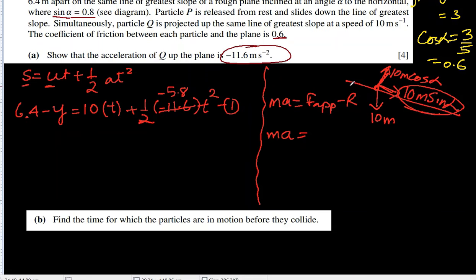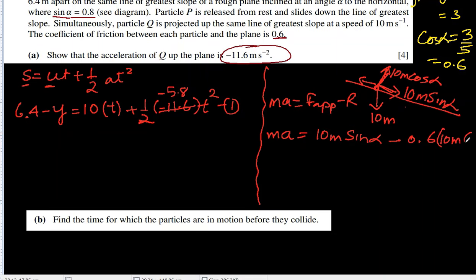It was just let go and it started coming down. So we will write this as applied force, 10m sine alpha. Resistive force will be the friction, because there is friction between the particle and the surface again, and the same 0.6 is the mu and R is 10m cos alpha.